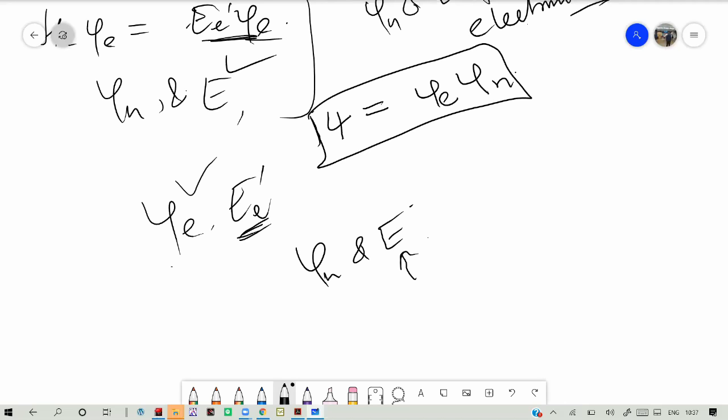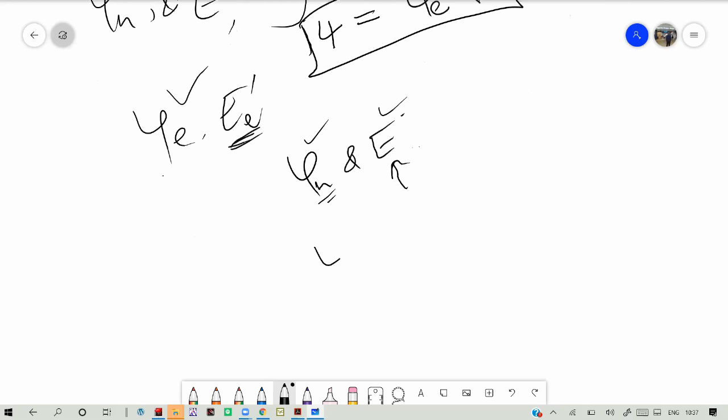Psi E you have already found, psi n you are finding from this effective Hamiltonian, and E you will get from the effective Hamiltonian. So you have almost all the parameters for the whole molecule in a given electronic state. In this way, we solve this set for each electronic state to get psi n, the nuclear wave function, and the total energy. And then we take the total wave function psi as the product of psi E and psi n. In this way, we are able to solve the Schrodinger equation for a molecule.